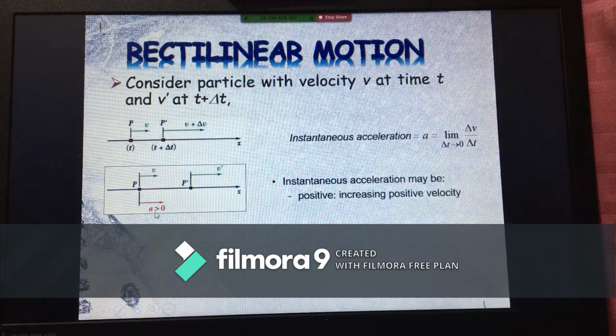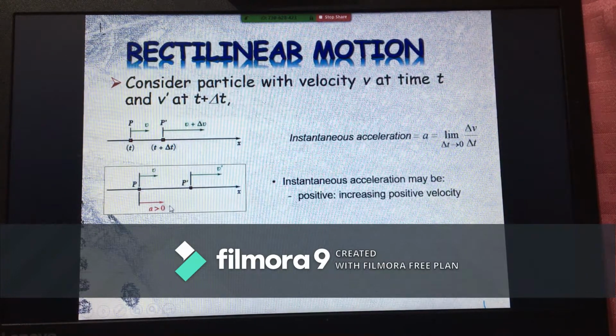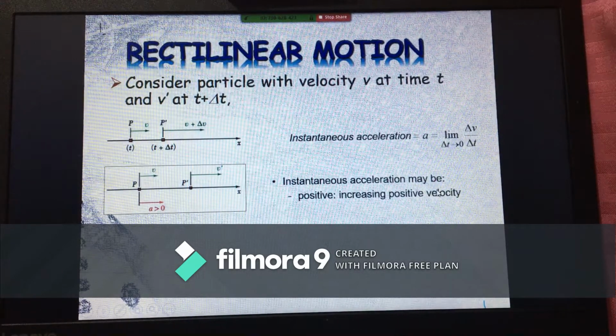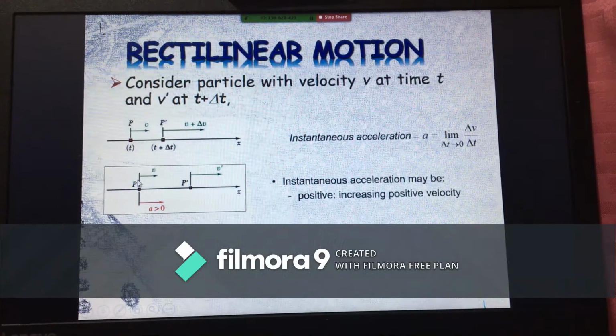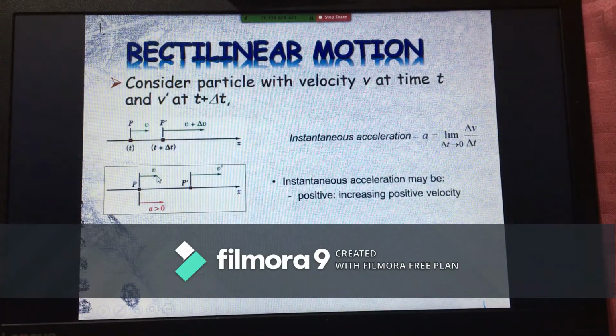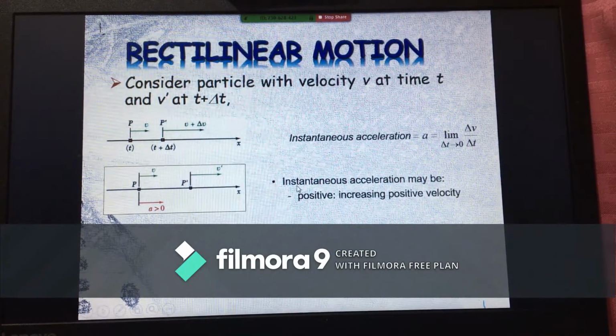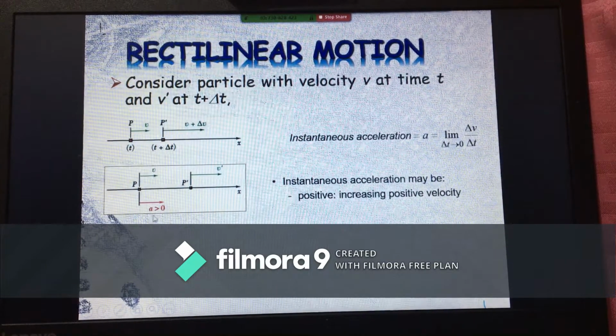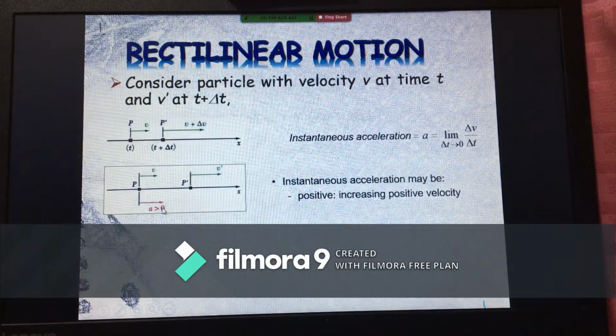So you can see here a is greater than 0, meaning the acceleration is positive. So ang scenario dito is that increasing positive velocity. So nakita natin na nag-umpisa siya na maliit na arrow, tapos lumaki. So ibig sabihin increasing. So the velocity is increasing and going to the right. So we can say that the acceleration is positive.